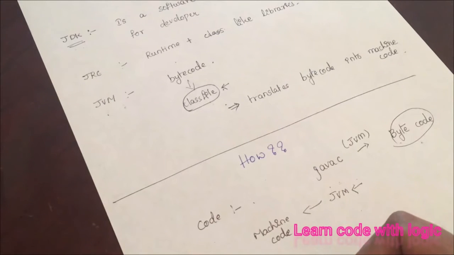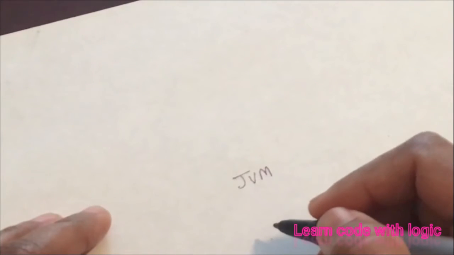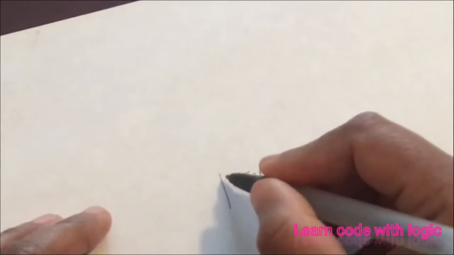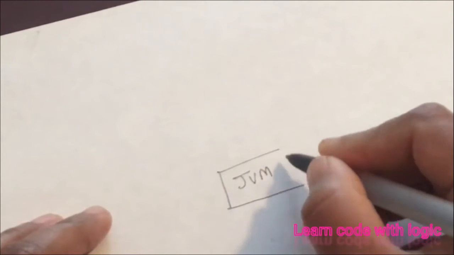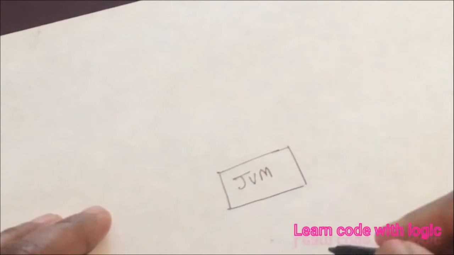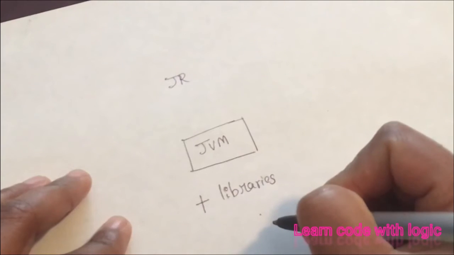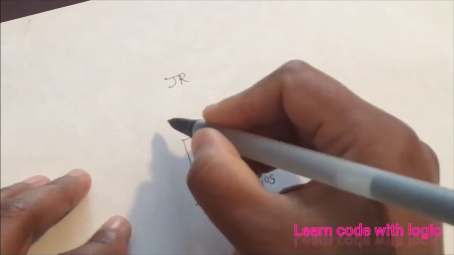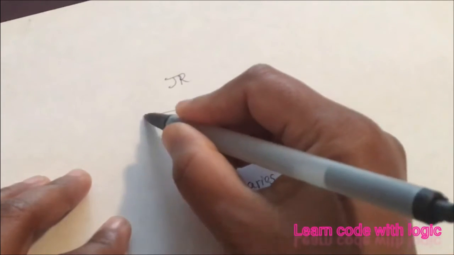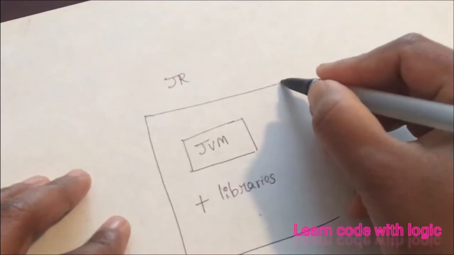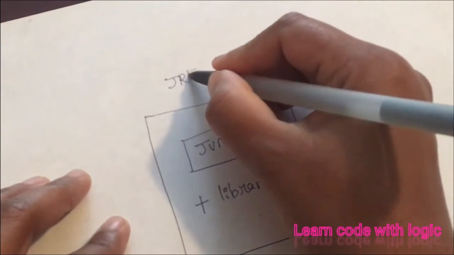Because as I said earlier, the system only understands the bytecode, not the source code. So JVM means Java Virtual Machine. We need this one for execution. Apart from that, we also need some libraries and core classes and files to have the runtime environment. That is going to be JRE.